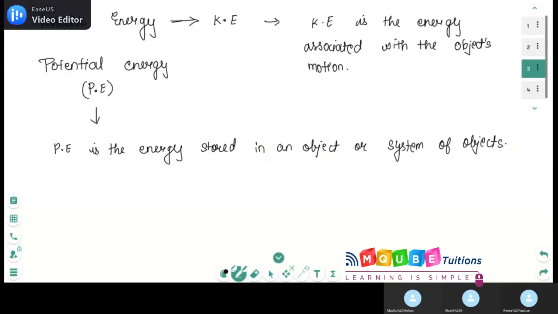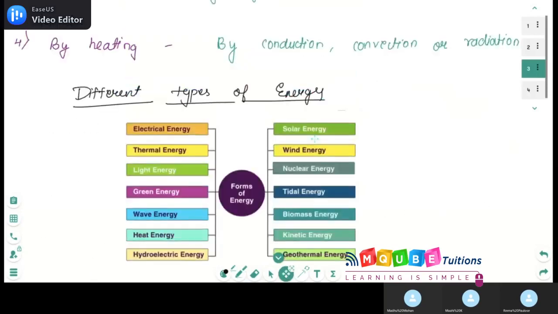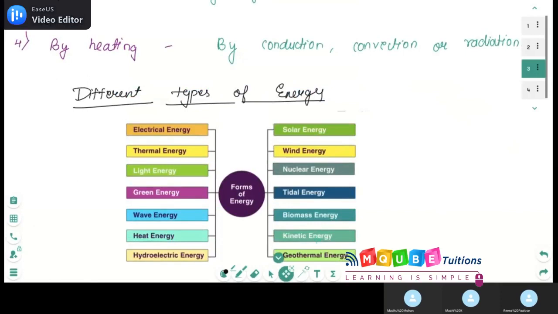So tell me, what is kinetic energy and what is potential energy? Kinetic energy is associated when the objects are moving, and then potential energy is when... Think and tell me.